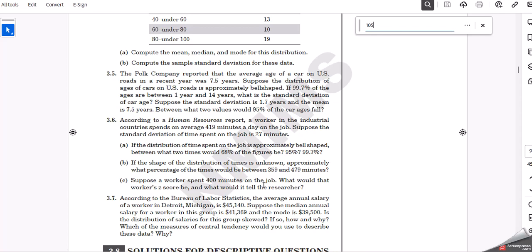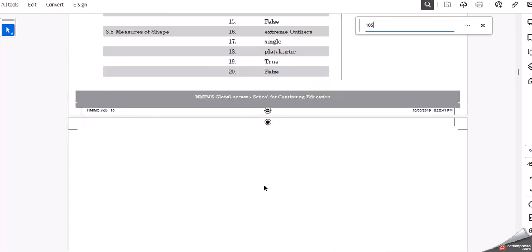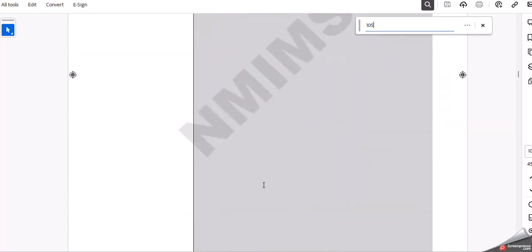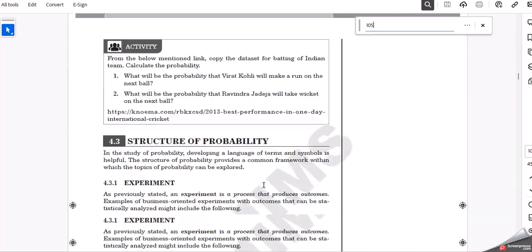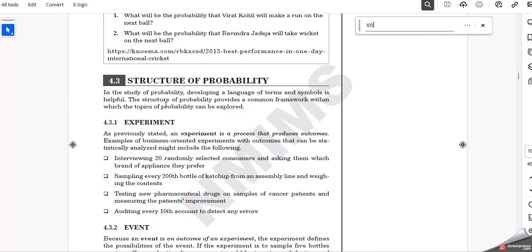Okay, moving to 4.3, I believe here. Yeah, structure of probability, where you can start the brief explanation about it.